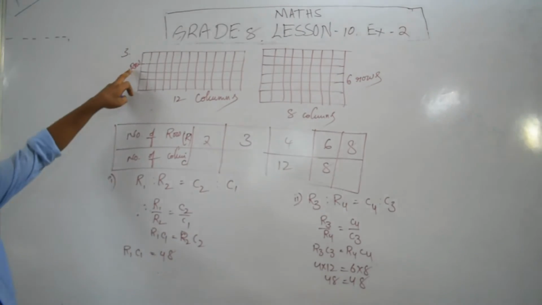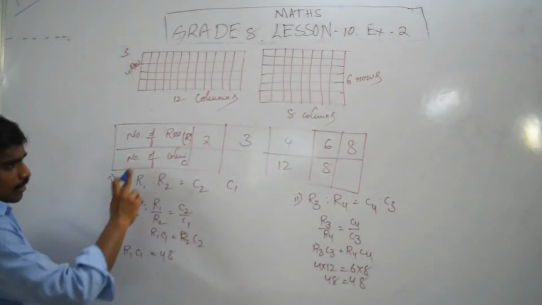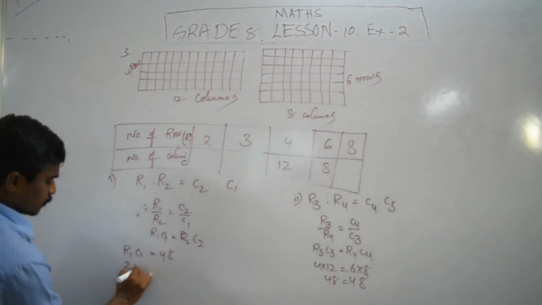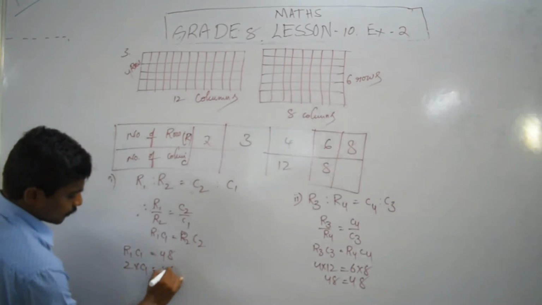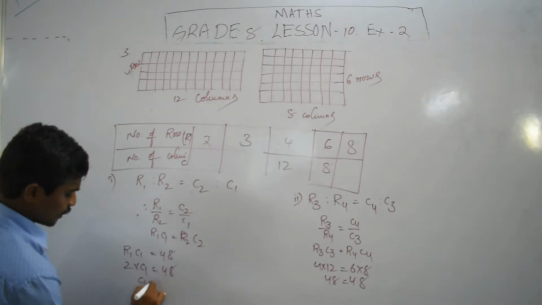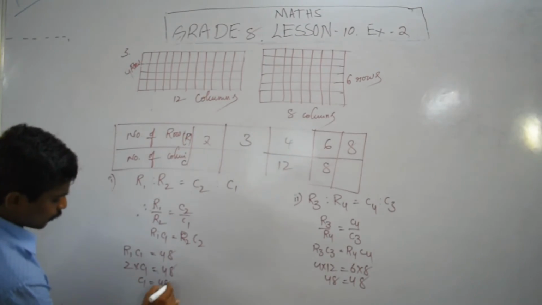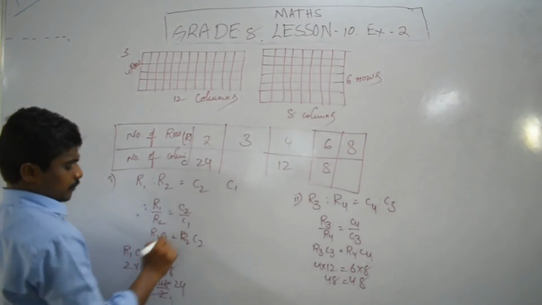Next one, here R1 how much given? 2. C1 not given, 48. So 2 moving this side, C1 equal to 48 by 2. 2 24s are 48. So here how much? 24.